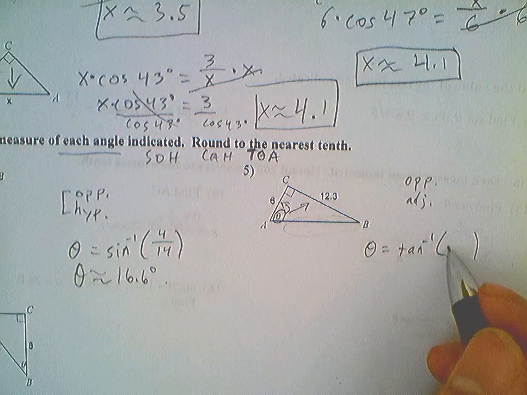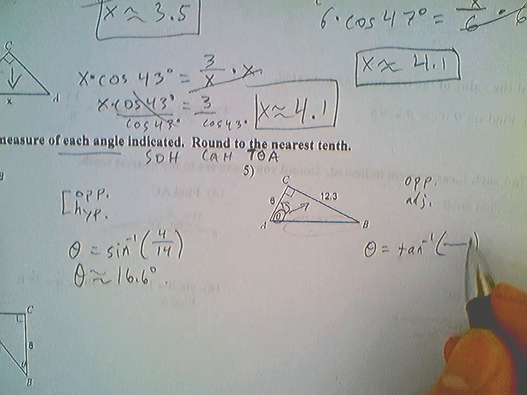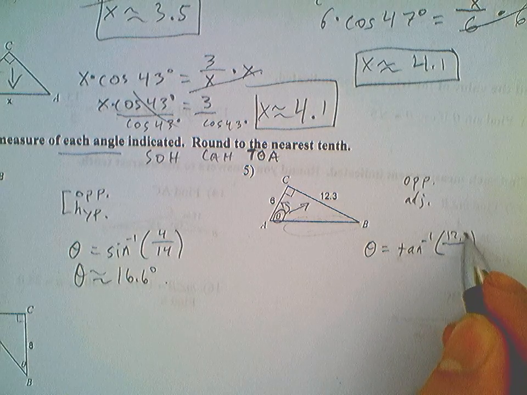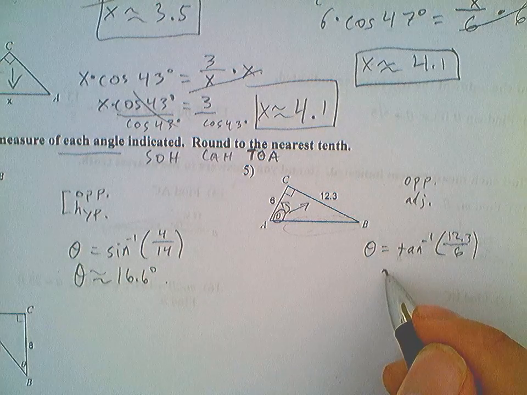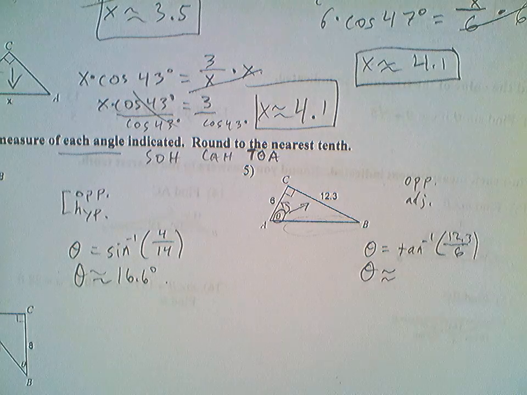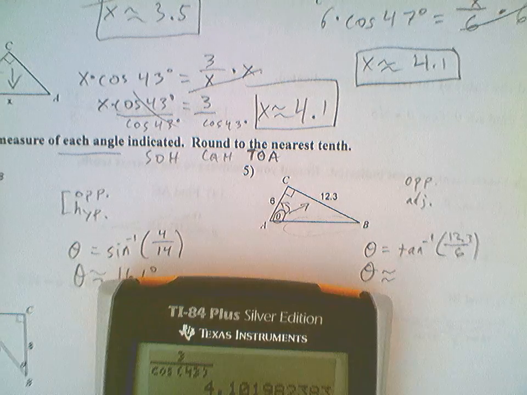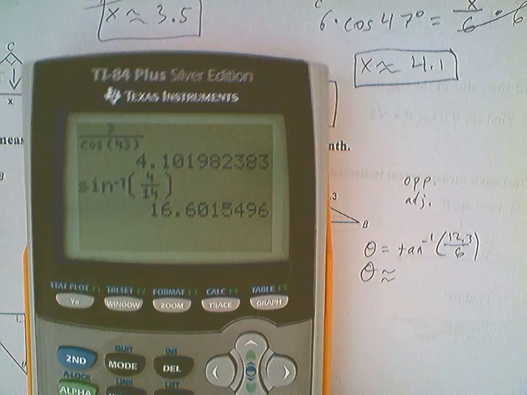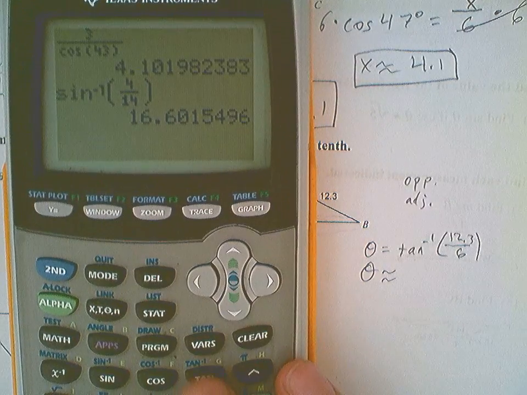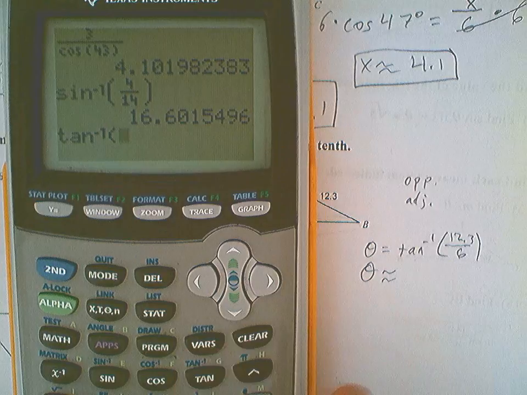So opposite goes on top, adjacent goes on bottom. So 12.3 over 6. So let's figure out what this angle needs to be. So press second and tangent inverse.